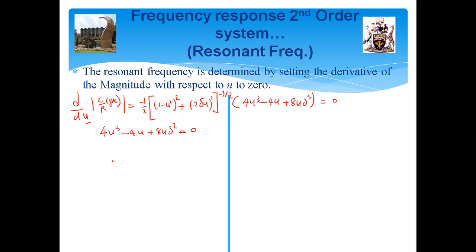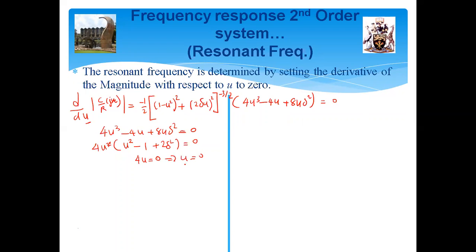Here we can factor that so that we have u squared. Here we'll have 1 plus 2 equals 0. So solving this quadratic, we'll have 2 solutions.